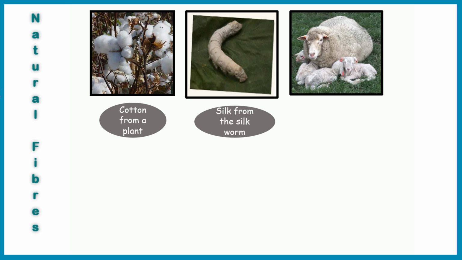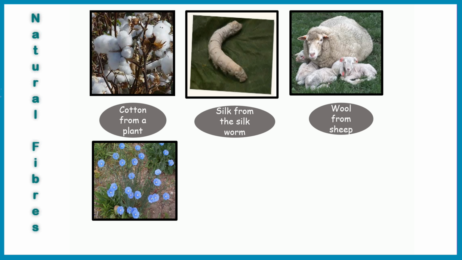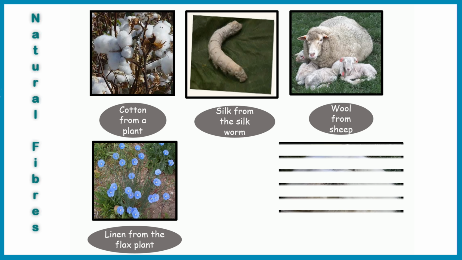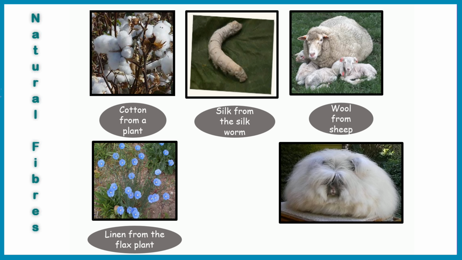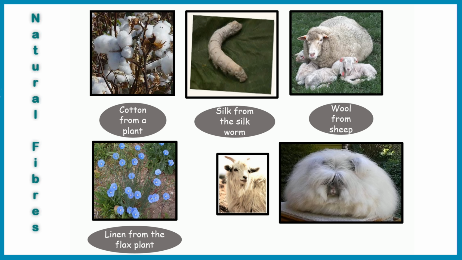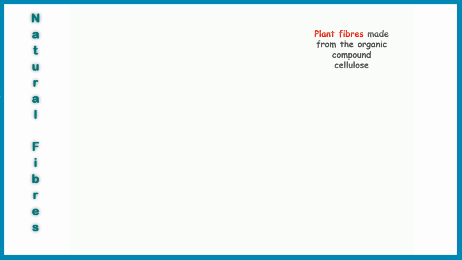And we've also got hair-like fibers, so from wool, for example, and sheep. And then on the other hand, we've got bast fibers, which come from plants, okay, or vegetables. And we also have more hair-like fibers than wool, and we've got as example here the Angora rabbit and the cashmere goat. So we've got all sorts of different fibers.